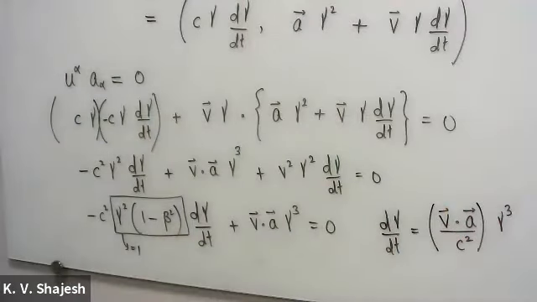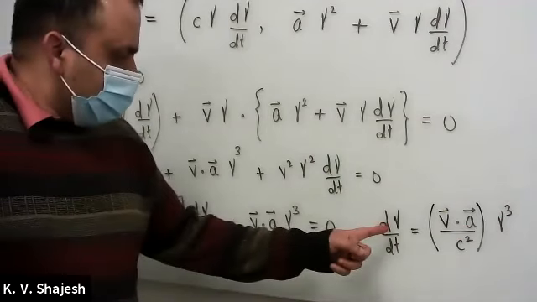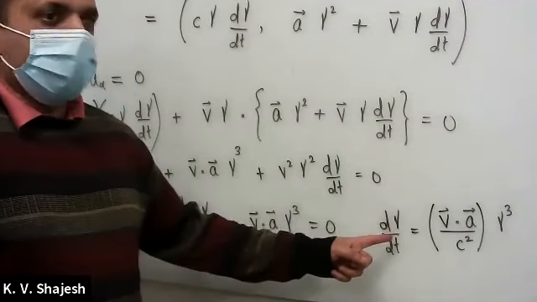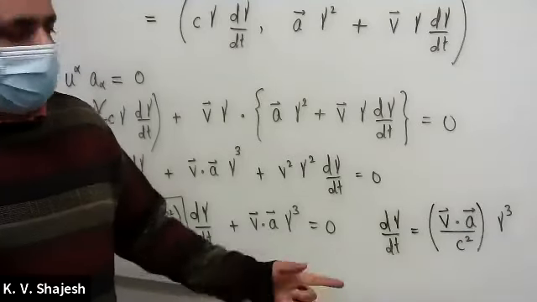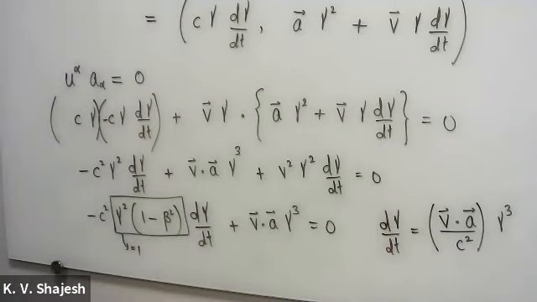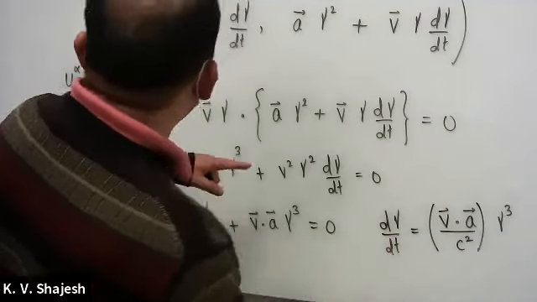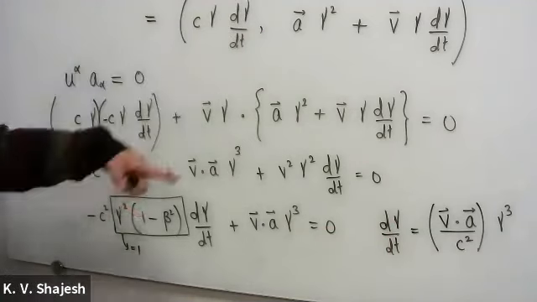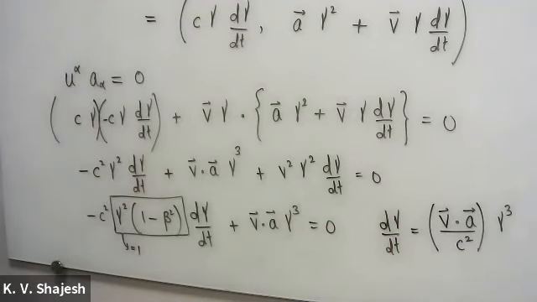That's an identity if you want. One could have calculated the time derivative of the Lorentz factor explicitly from gamma, but we used this trick to calculate that. So just a simple trick. Right? So we now have this. We can now substitute this back in here to get the expression for the acceleration clearly.